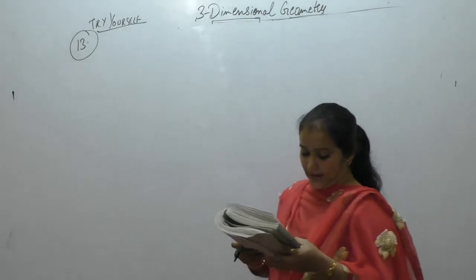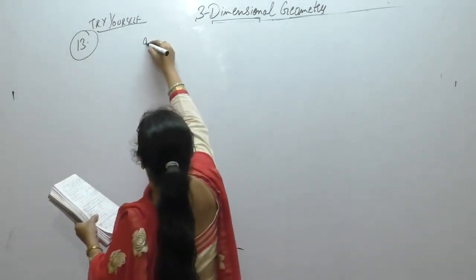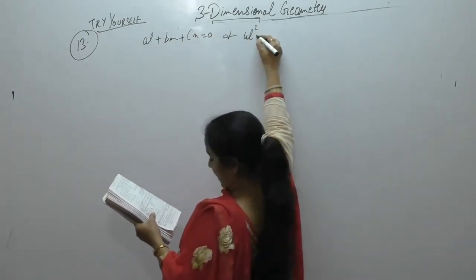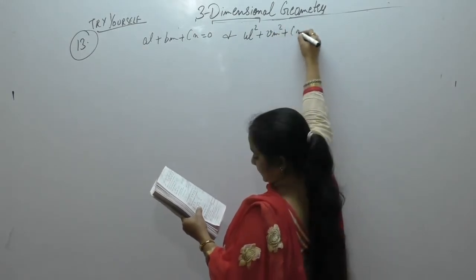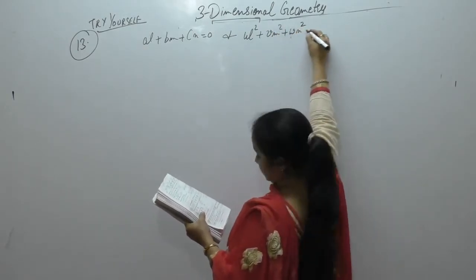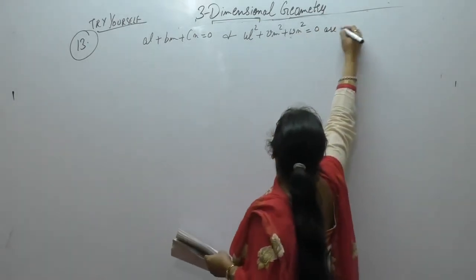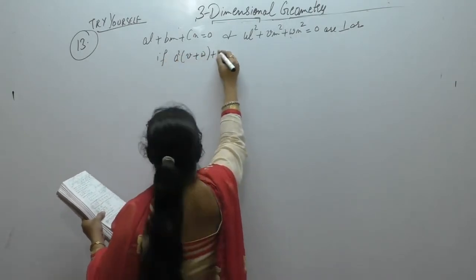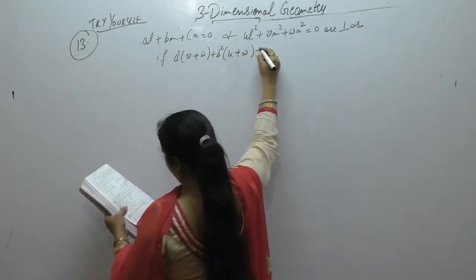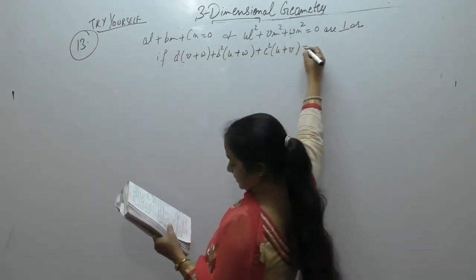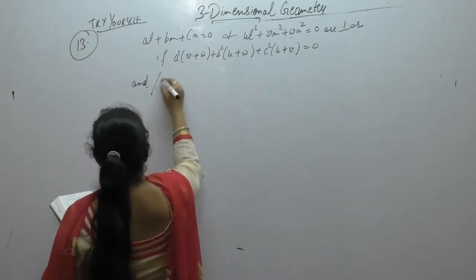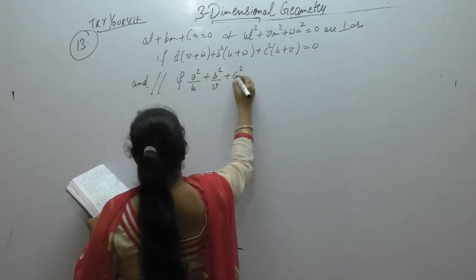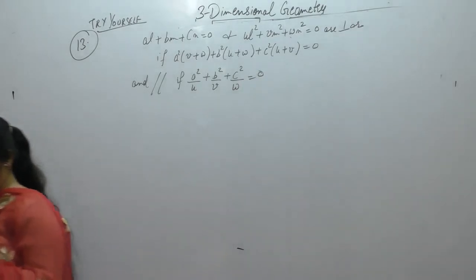Show that straight lines whose direction cosines are given by al plus bm plus cn is equals to 0 and ul square plus vm square plus wn square is equals to 0 are perpendicular if a square (v plus w) plus b square (u plus w) plus c square (u plus v) is equals to 0 and parallel if a square upon u plus b square upon v plus c square upon w is equals to 0.